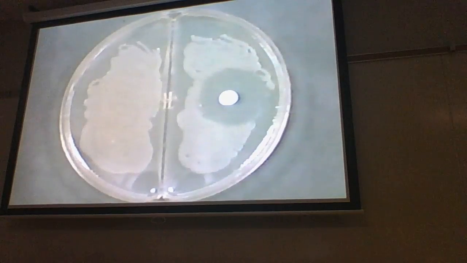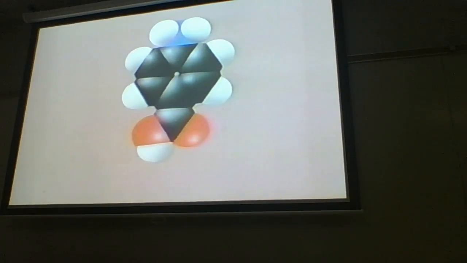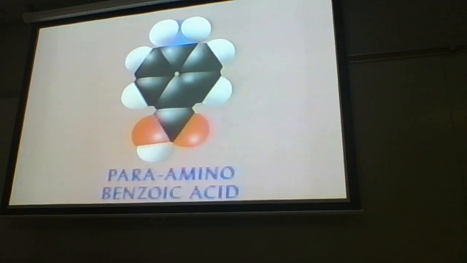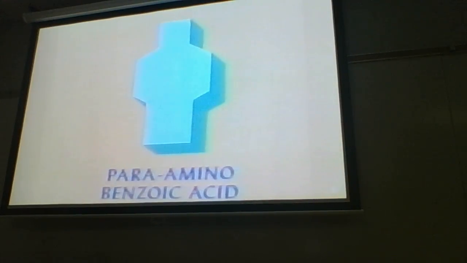How does sulfanilamide stop the growth of these harmful bacteria? First, let's examine the function of one of the key molecules that exists in the bacterial cells. It is called para-aminobenzoic acid. Using a geometric symbol retaining the general contours of the molecule, we'll follow its action within the cell.